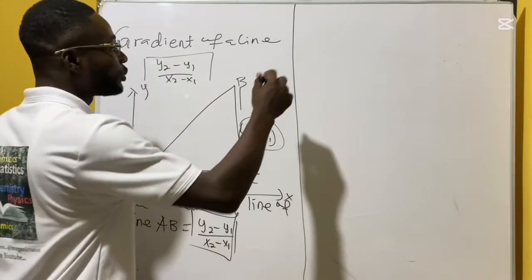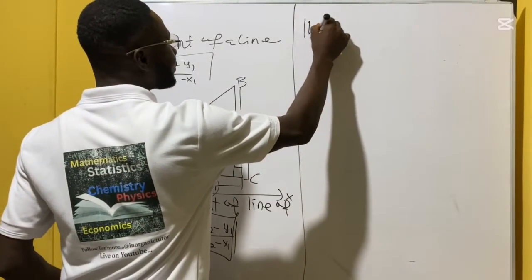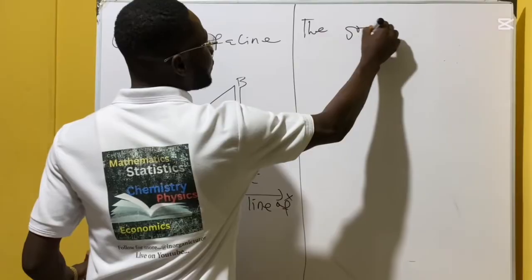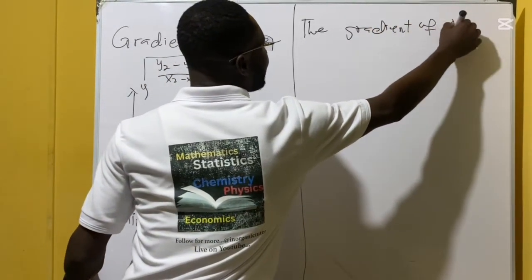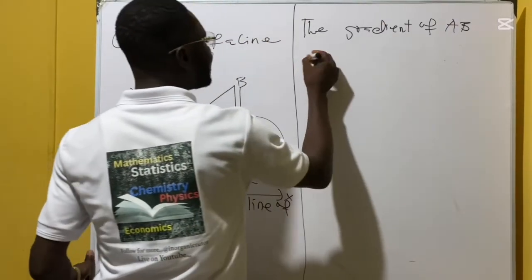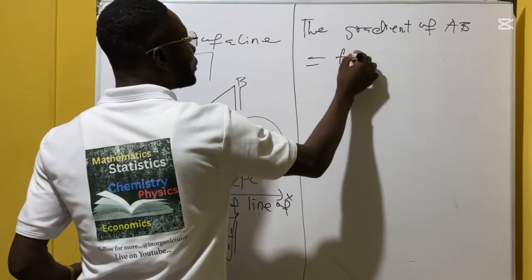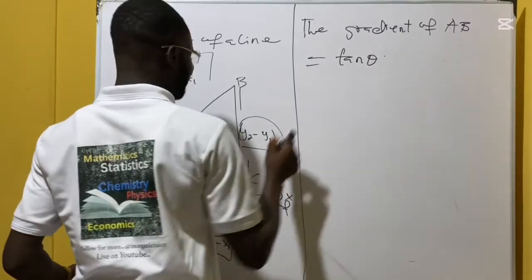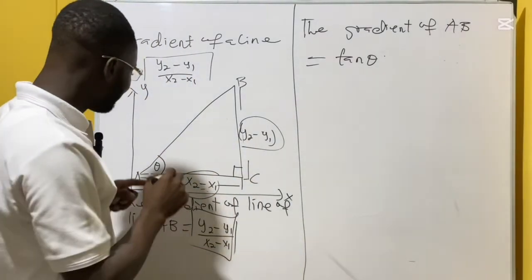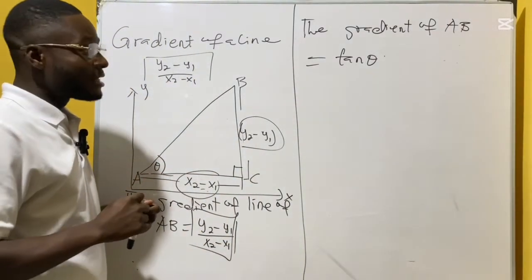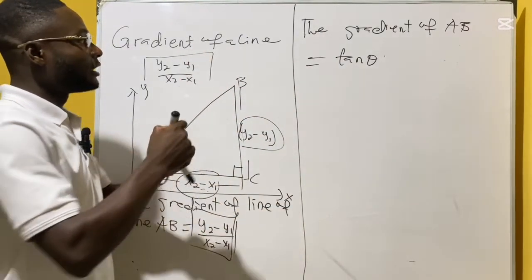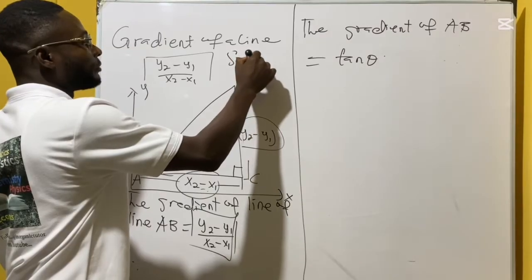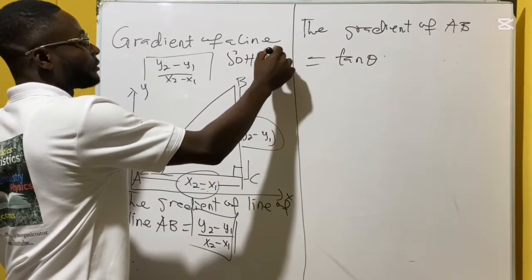So we can also say that the gradient of AB will be equal to tan theta, right? That is basically from here. We know that tan is basically from SOHCAHTOA, you know that from trig.